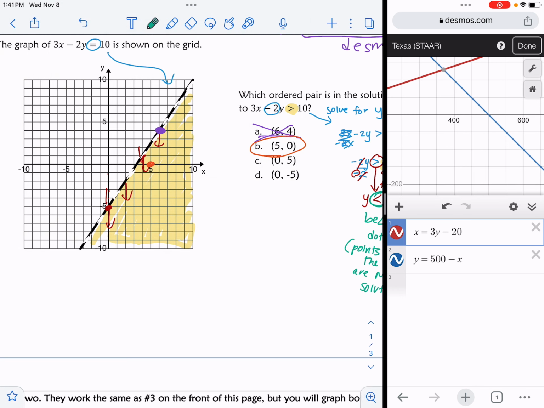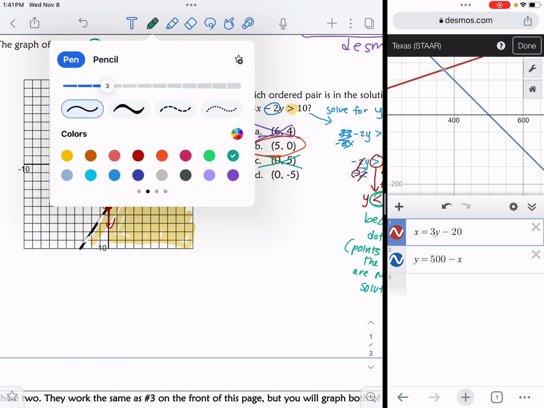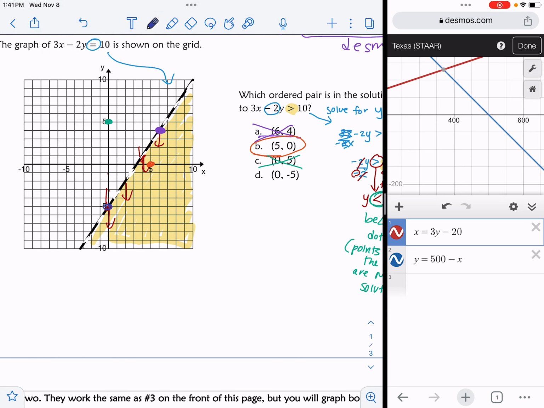The point 0, 5 is up here outside the shaded region. They're trying to get all the people who shaded the wrong region. And then the point 0, -5 is on the line again. So that one doesn't work. And so our answer is 5, 0.